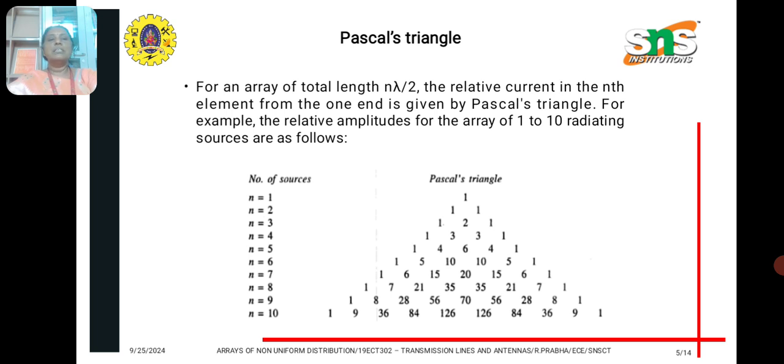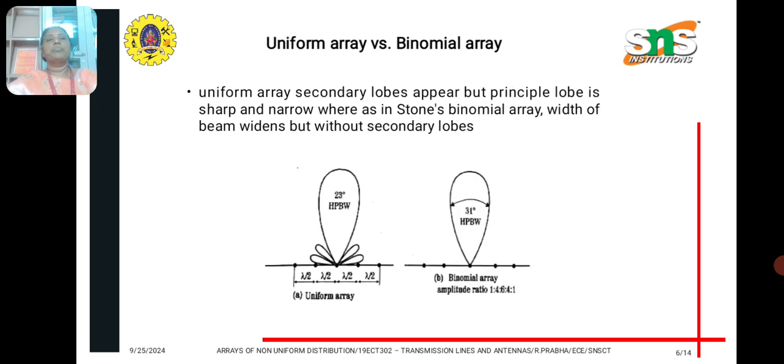Similarly, for n equal to 4, it is 1, then 1 plus 2, which is 3, and the next amplitude 2 plus 1, again 3, and the last one is 1. If we observe Pascal's triangle, the end elements on both sides are always 1, and each middle element is obtained by adding the adjacent elements of the previous row.